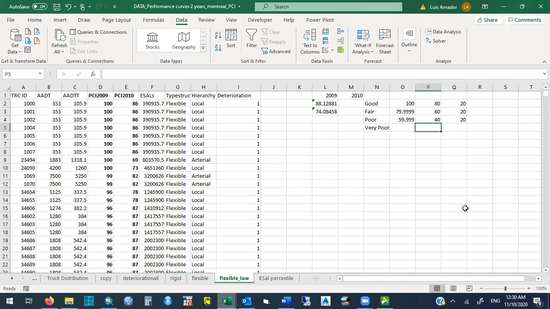Yeah, that's fine. But do you see also the problem of the PCI once more? We cannot agree what is good, what is fair, and what is poor. We were able to agree on IRI, and I'm sure if I put cracking or rutting, it will be much easier for us to agree. Do you see that? Yes, of course. If we had IRI, we could make a decision better.